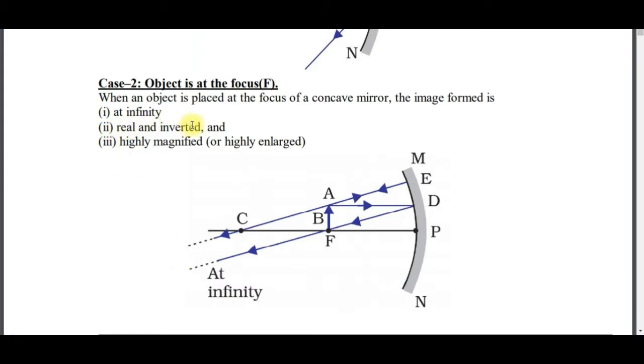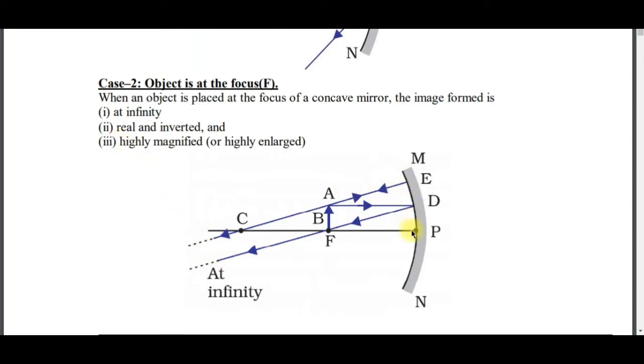Next case is real and inverted. Now here we can see ये जो टॉप पॉइंट है यहाँ से जाके ऐसे रिफ्लेक्ट हो रहा है, तो ये यहाँ पे उल्टा बनेगा. ठीक है. एंड इसका जो बेस है वो भी रिफ्लेक्ट होके यहाँ पे आ रहा है, मतलब it is an inverted image. ओके, उसके बिल्कुल हूबहू उल्टा होता है.